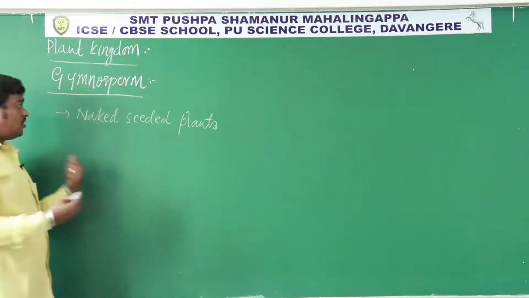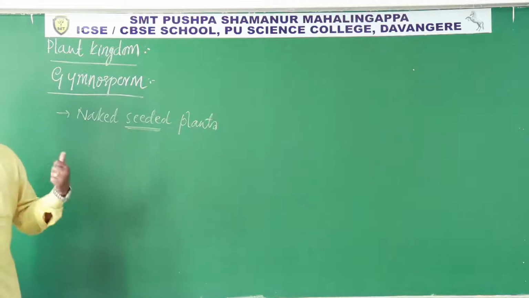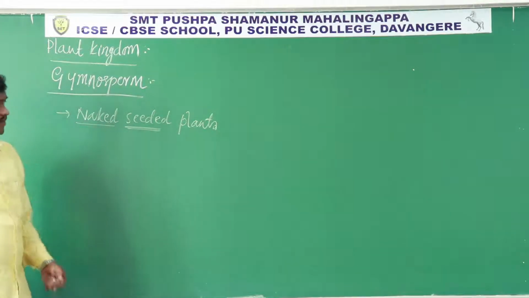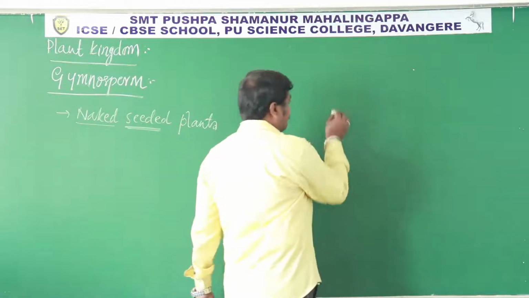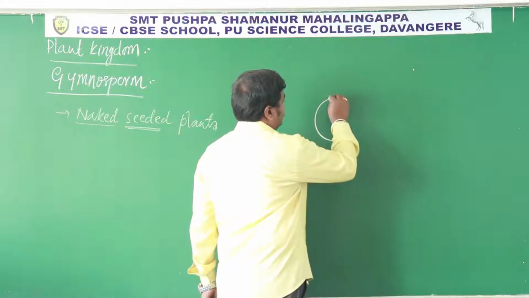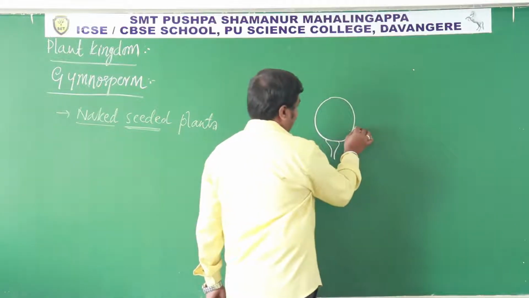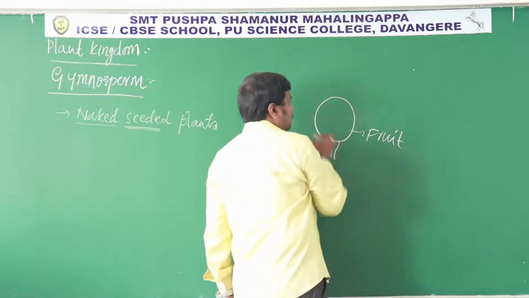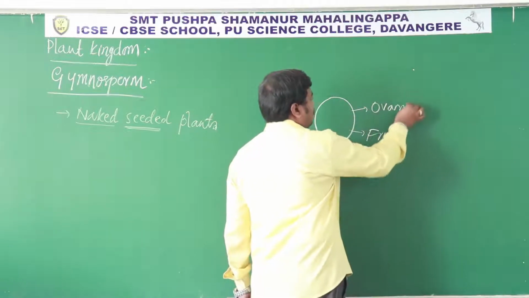So why are they called so? They do produce seeds, but they are called naked seeds. To understand what this naked seed is, you need to know the gymnospermic fruit. Consider any general fruit. This fruit is the product of a matured ovary.